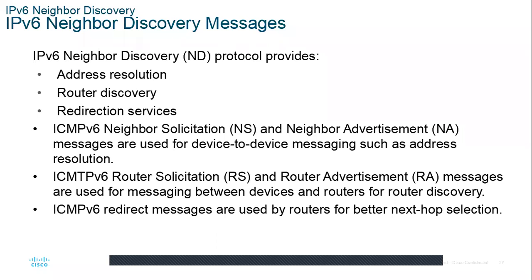So I'll have to make a request, I'll have to solicit. Once I solicit, the router is going to do some advertisement. It's going to tell me, okay, this is what I have. So it's going to assign from the available IP addresses, so that it is now assigned as my IP address. That's what happens with neighbor solicitation and neighbor advertisement.